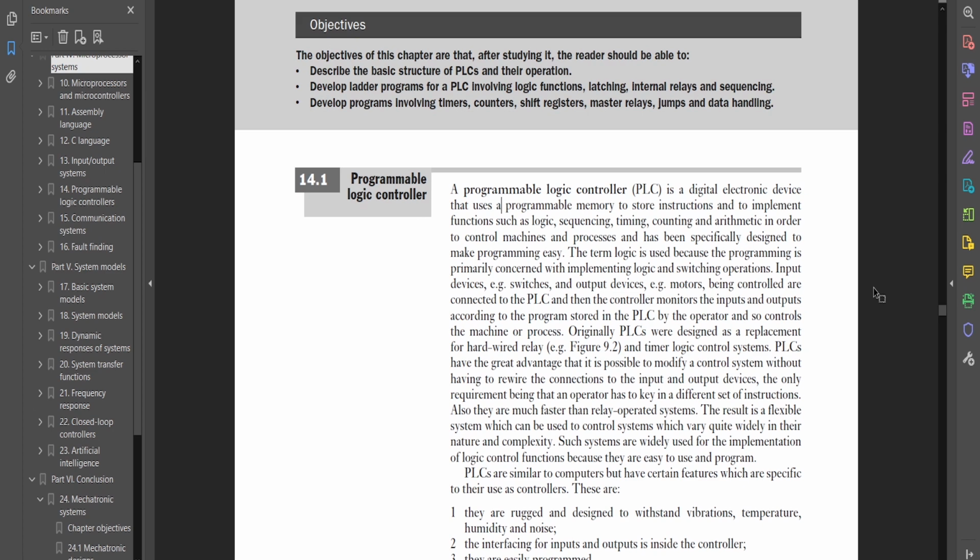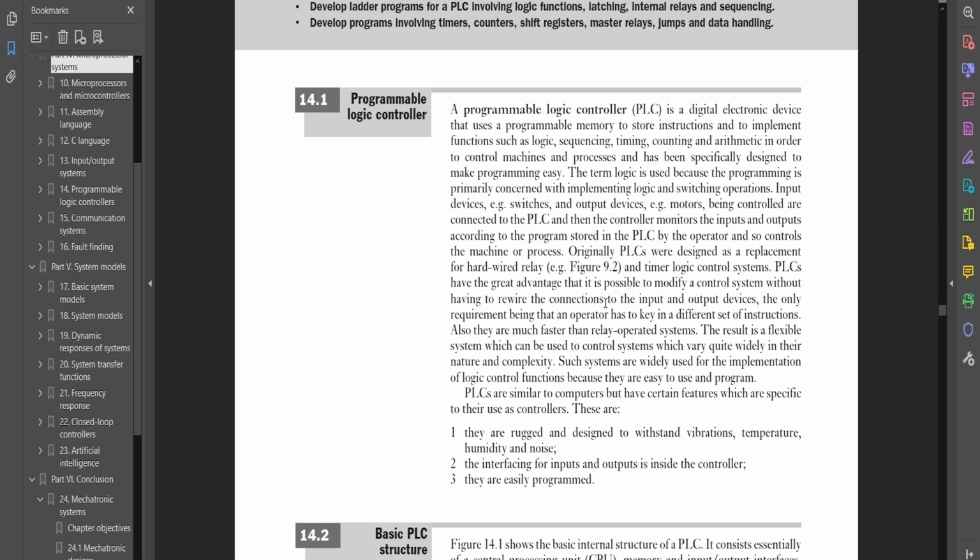The result is a flexible system which can be used to control systems which vary quite widely in their nature and complexity. Such systems are widely used for the implementation of logic control functions because they are easy to use and program. So I've read that paragraph and I don't get it.